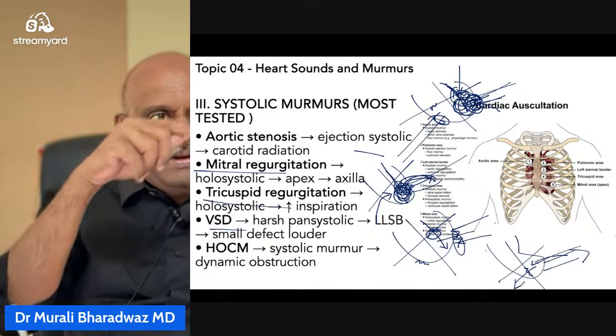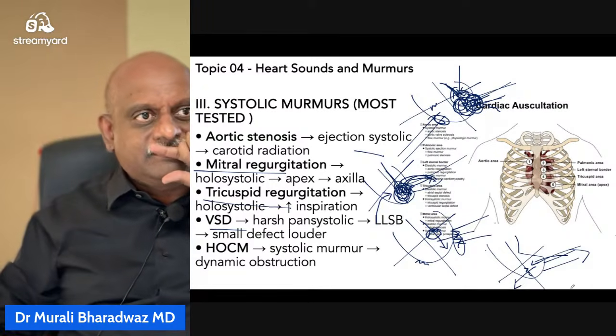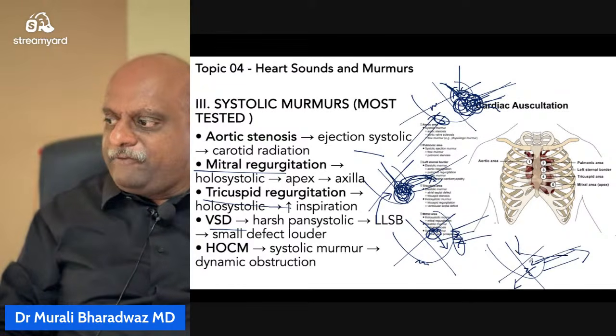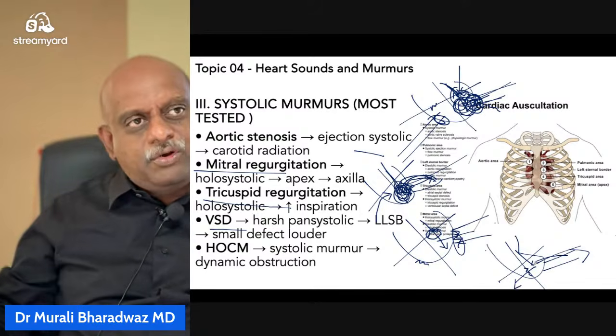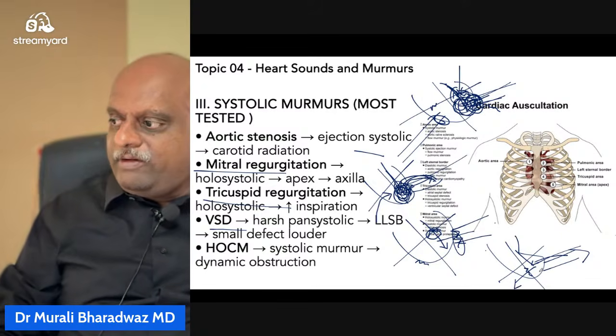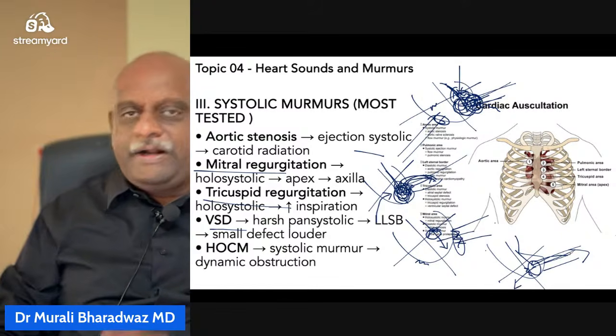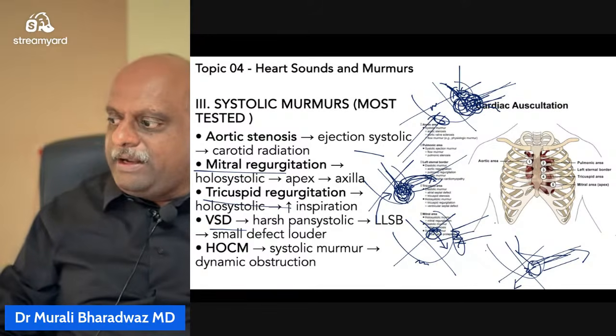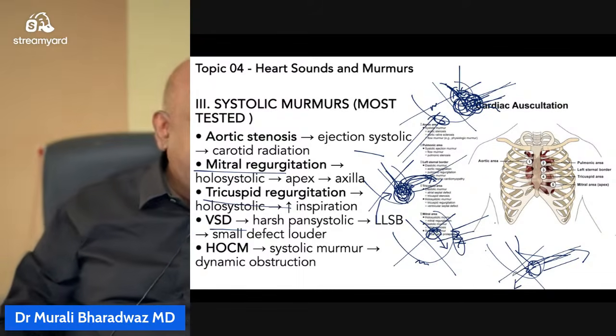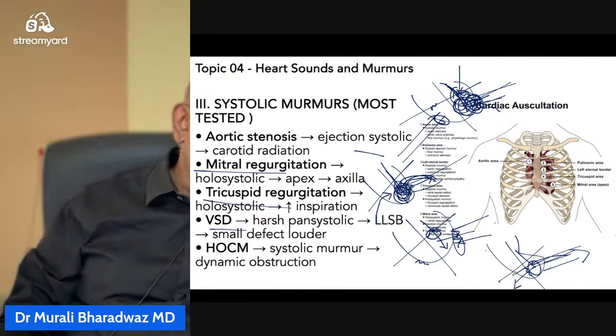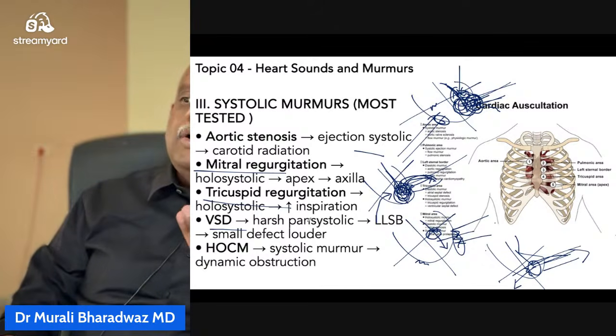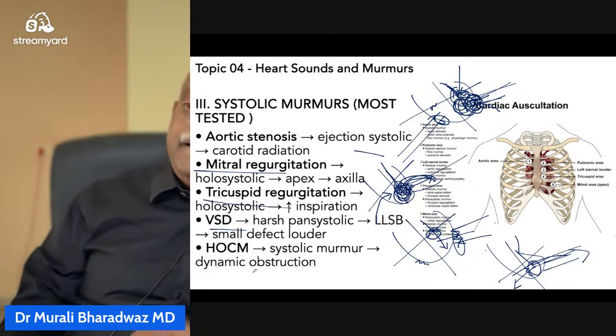So VSD murmur is a systolic murmur. When the ventricle is filling from atria, there is no murmur in VSD. Only when the ventricle is pushing the blood with pressure into the aorta, that time it is leaking into the right ventricle through VSD. So VSD is also a systolic murmur.